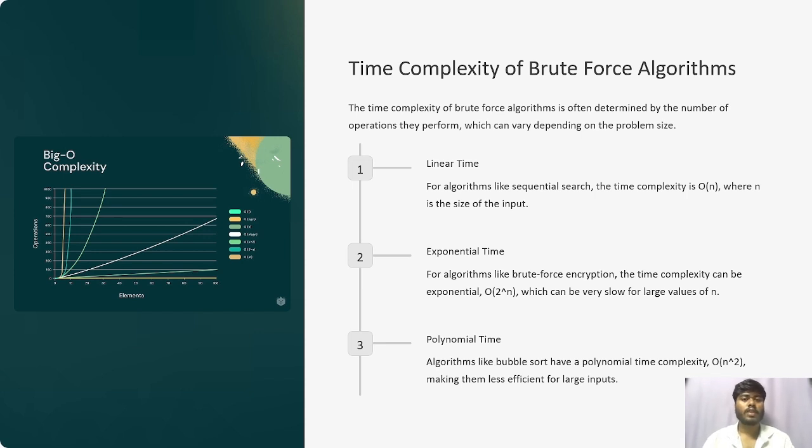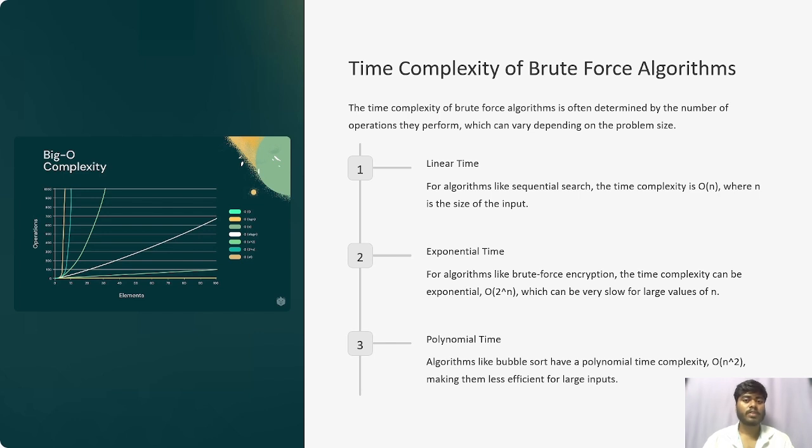Now moving on further, let us discuss the time complexity of brute force algorithms. It is determined by the number of operations they perform, which depends on problem size. Linear time. Here the time complexity is big O of n, where n is the size of input. Exponential time.